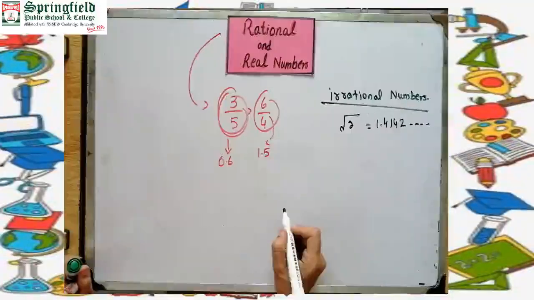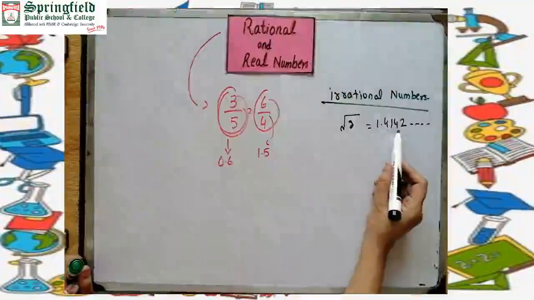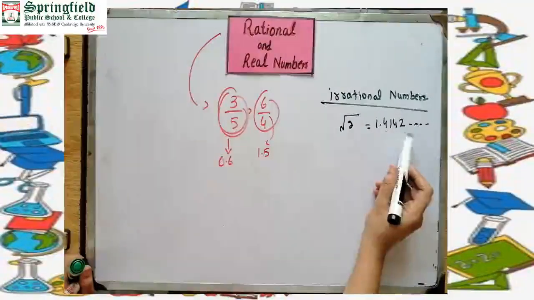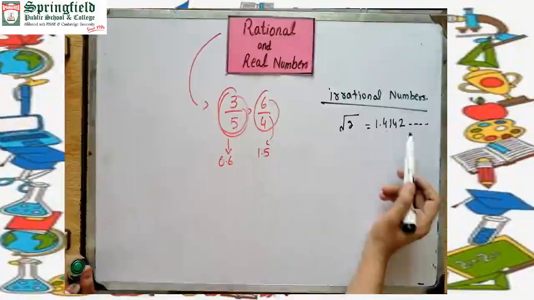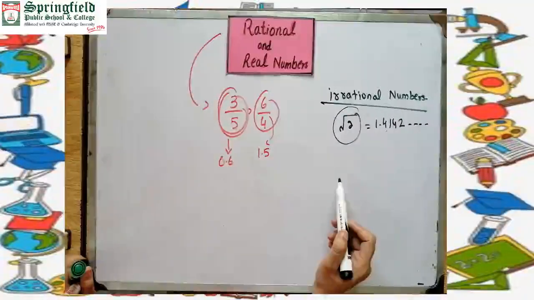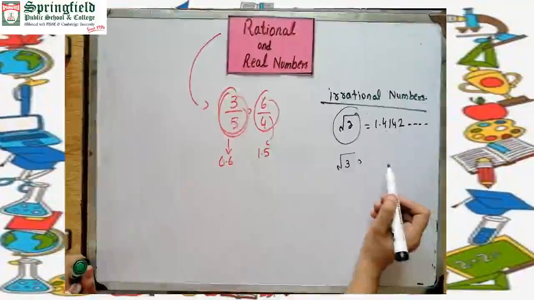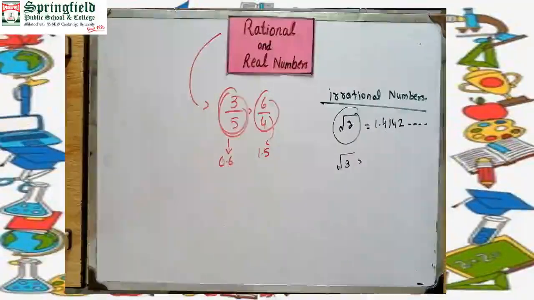When we calculate it, we obtain this type of answer. It means the digits go on non-stop. Such a number is called an irrational number, as is under root 3. These numbers are called irrational because they do not give us an exact answer. They are not terminated.